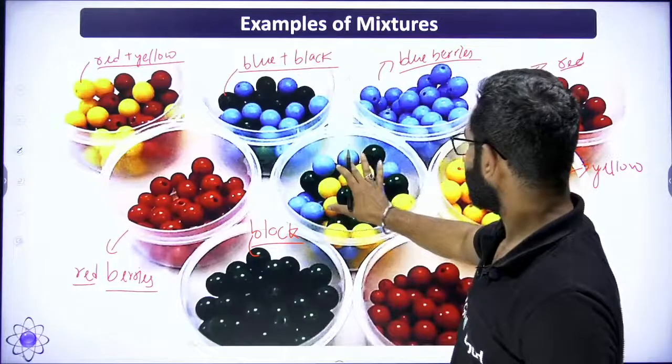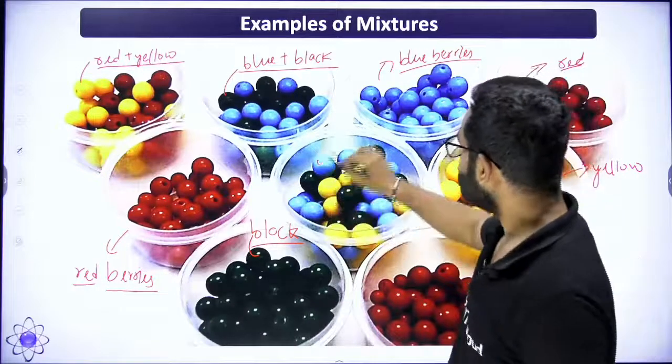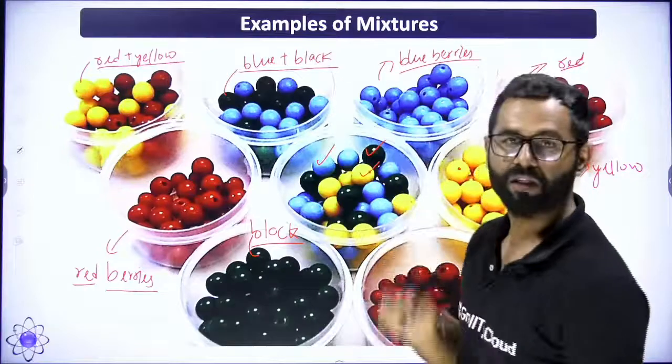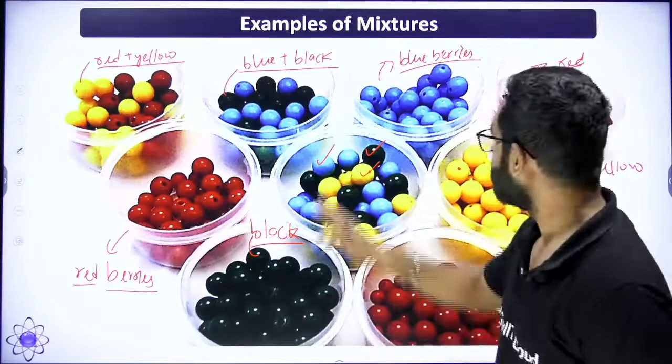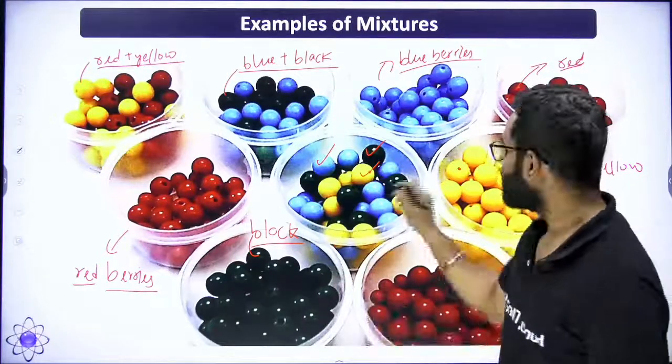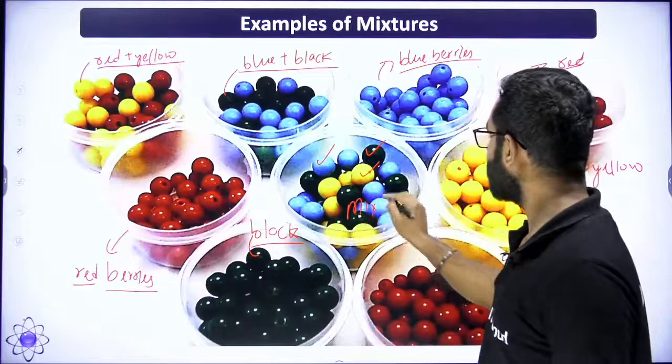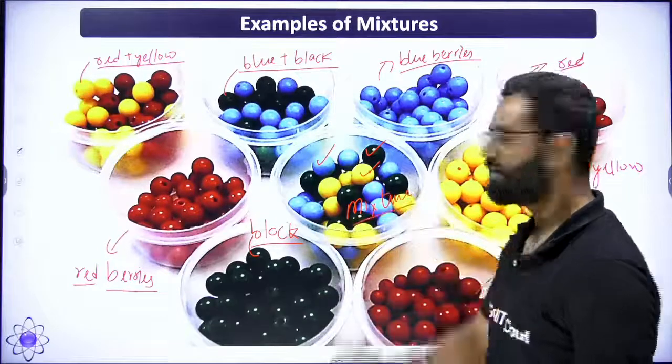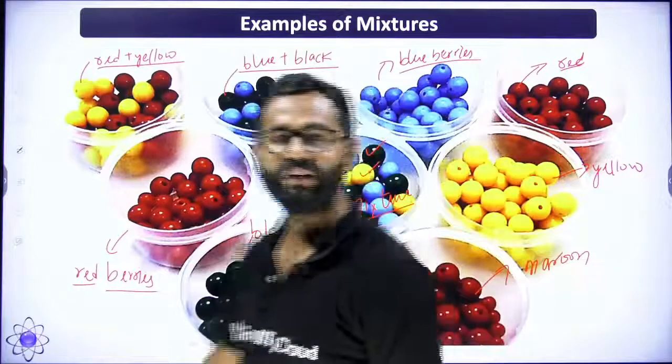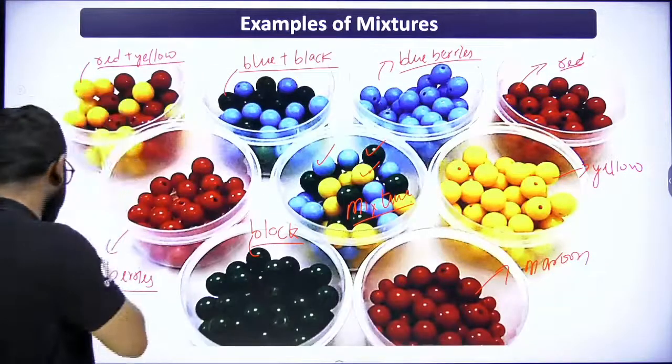Suppose in this case, this bowl contains blue, black and yellow berries, three types of berries. So it is a mixture. When it comes to this bowl, it contains only one kind of berries, that is red berries.